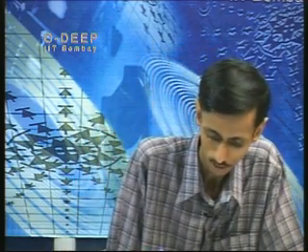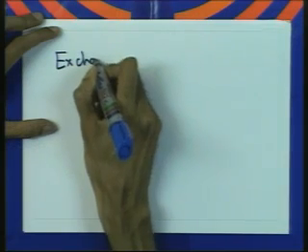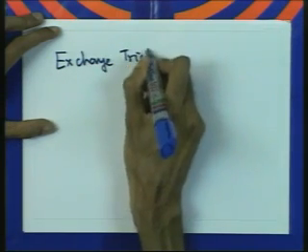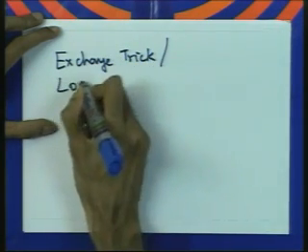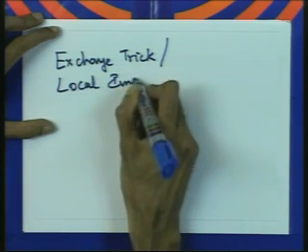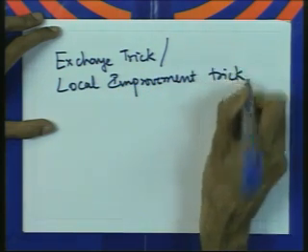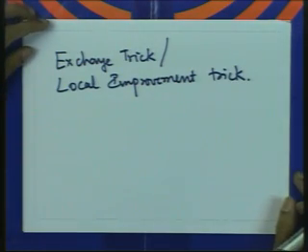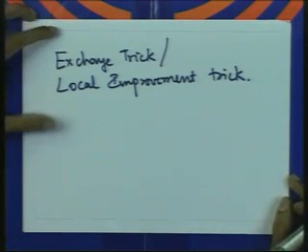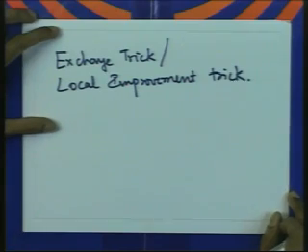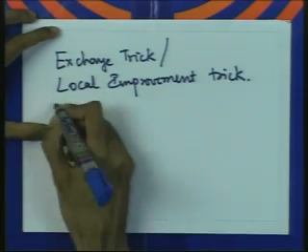So here's the exchange trick, which I'm going to tell you in a very hand-wavy fashion. Here's the exchange trick, or the local improvement trick. In this trick, what you do is this.